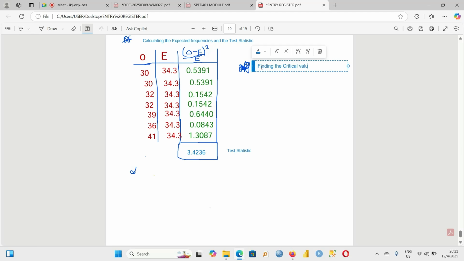Finding the critical value from the tables. So how do we find the critical value? We say it's chi-squared.